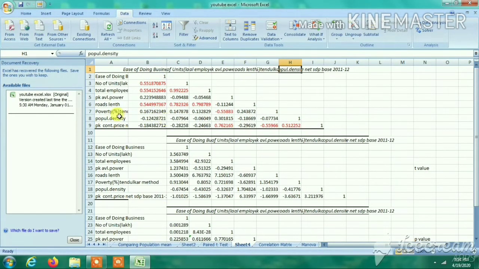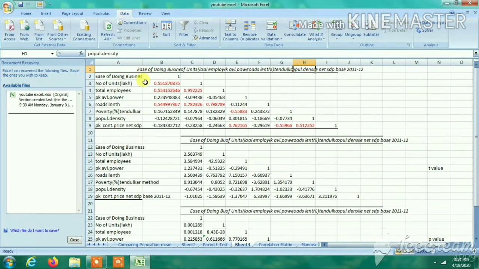Then we can draw the conclusion that there are some variables which have degrees of association that are positive or sometimes negative also. For example, ease of doing business index and number of units have a positive association. Ease of doing business and total employees have a positive association. Road length also plays an important positive role for getting a higher ease of doing business index.